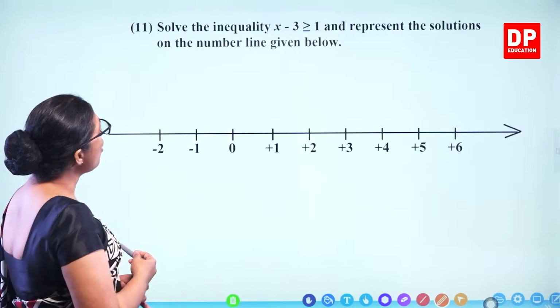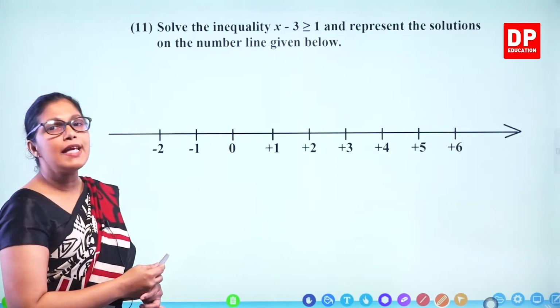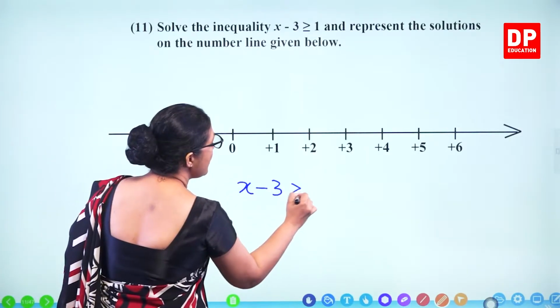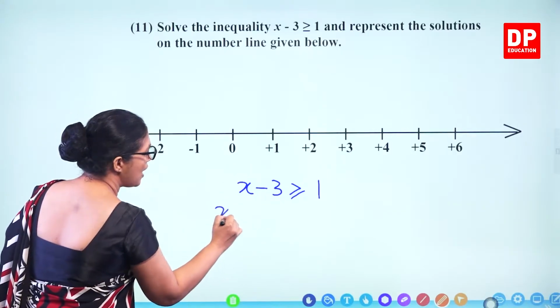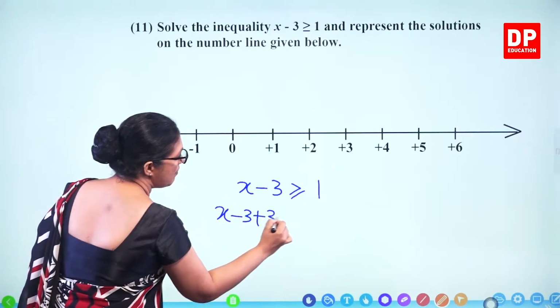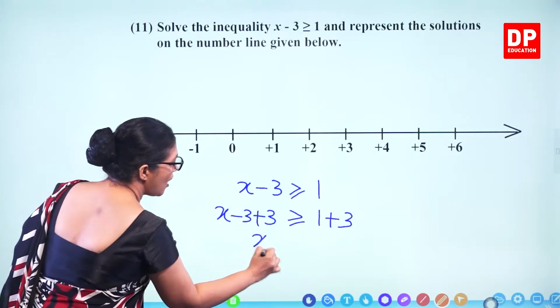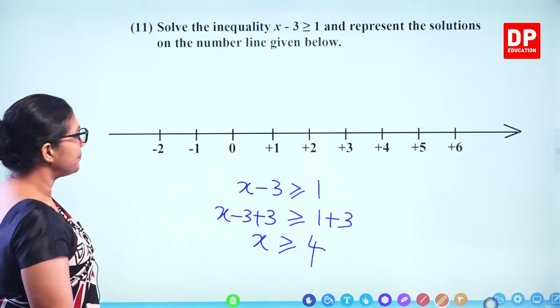Question number 11. Solve the inequality and represent the solutions on the number line given below. x minus 3 is greater than or equal to 1. So you need to take minus 3 to the other side, that means adding 3 to both sides. So the 3 gets cancelled out. x becomes greater than or equal to 4, that is 3 plus 1.